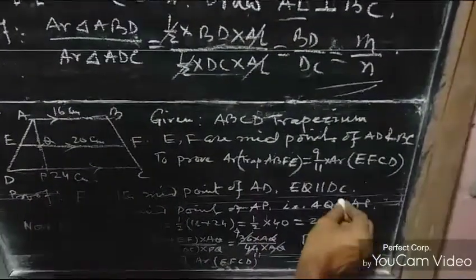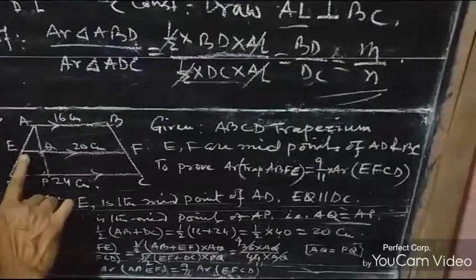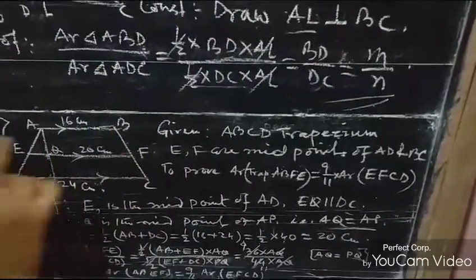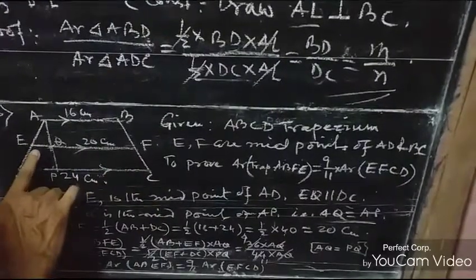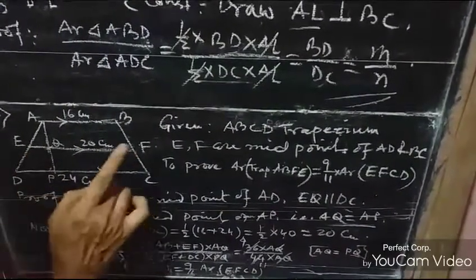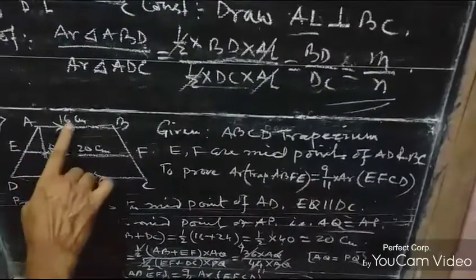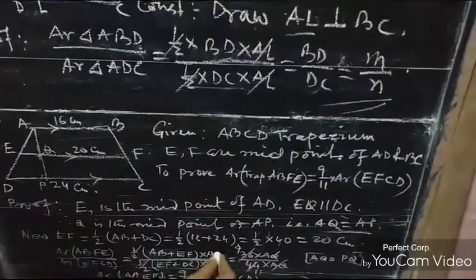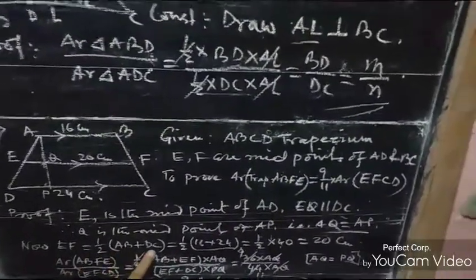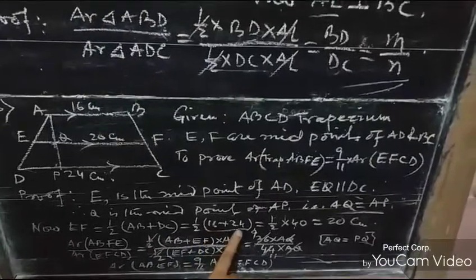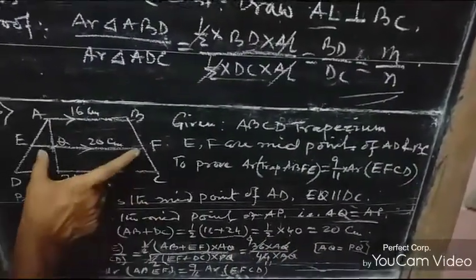Now EF, how do we know it? The line joining the two midpoints of any trapezium will be half of the sum of the two parallel sides. It is half of AB plus DC, half of 16 plus 24. It is coming 20 centimeter.